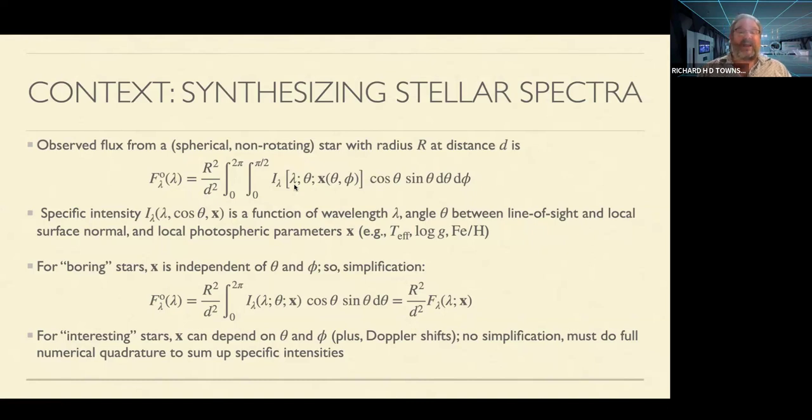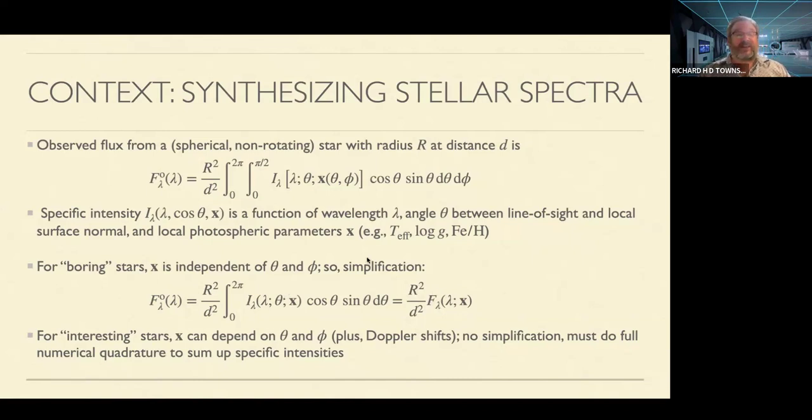That means we can do our integration over the phi angle analytically, and over the theta angle we can pre-compute the angular integral of the specific intensity. We end up with an expression saying that the observed flux here on Earth is just the emitted flux at the stellar surface times a dilution factor. I'm pretty sure I've dropped a factor of 2 pi here, but who cares?